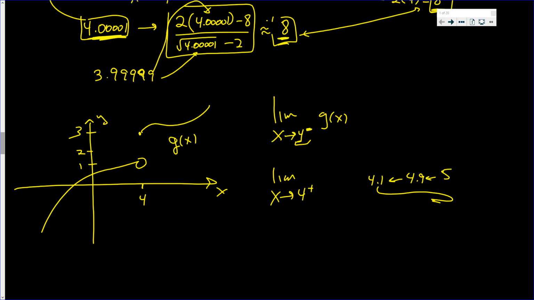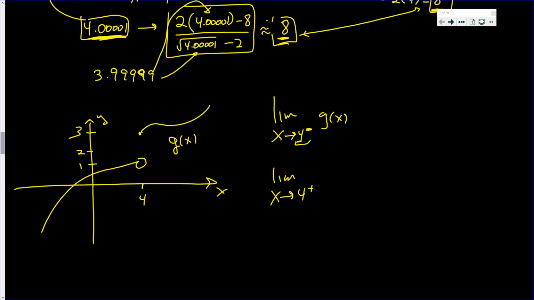I ran out of room, please. And then 4.01, and then 4.001, and so on, where eventually we get to 4.00 with lots of zeros and then a 1. We're getting closer and closer to 4, but all the numbers are bigger than 4. That doesn't mean we can't be getting smaller and smaller. We're just always above 4.